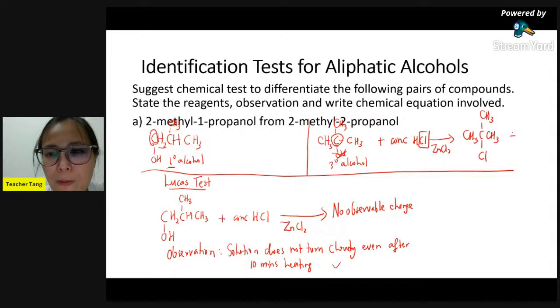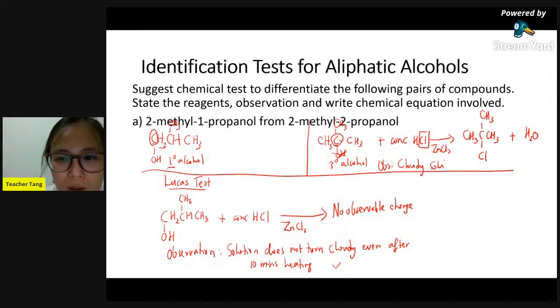And the byproduct water. So you get product being formed, and this product is the one that gives you cloudy solution. This is tertiary alcohol. So basically the observations will be a cloudy solution forms immediately. Terus dapat.